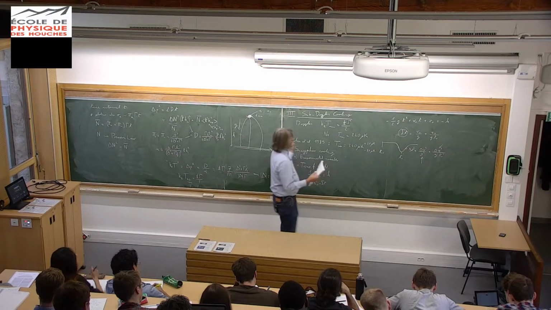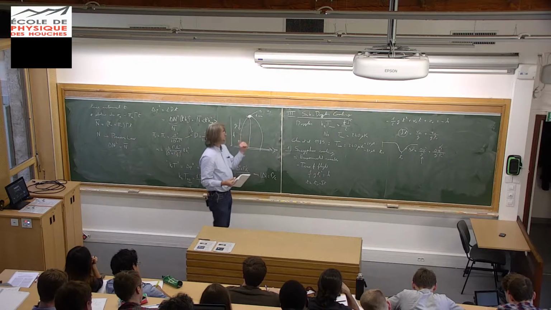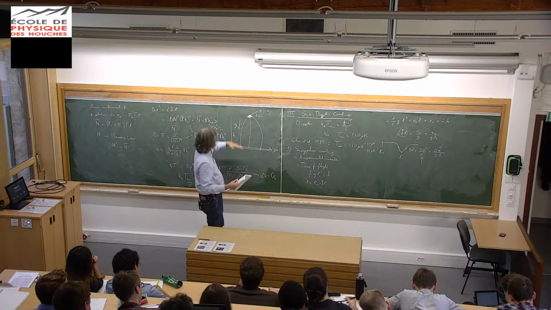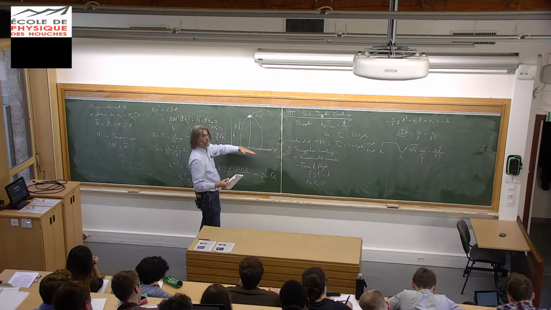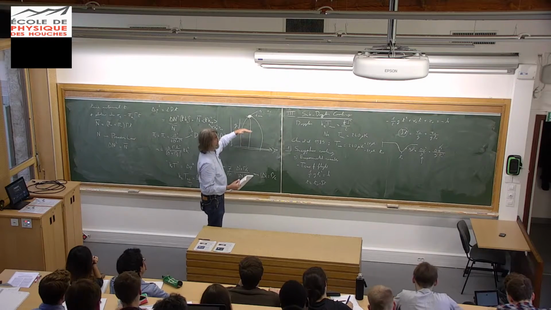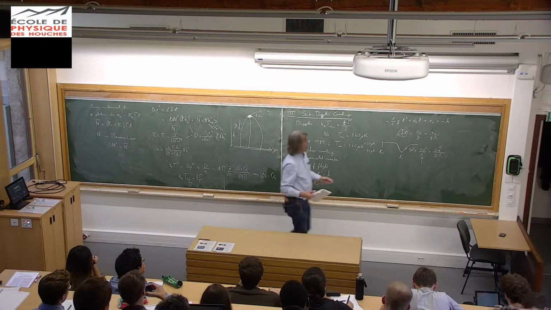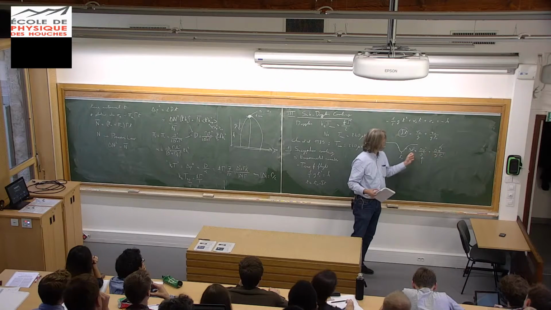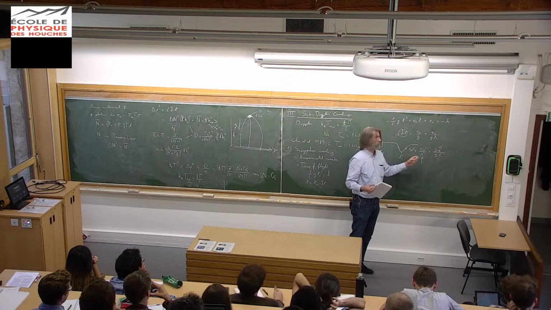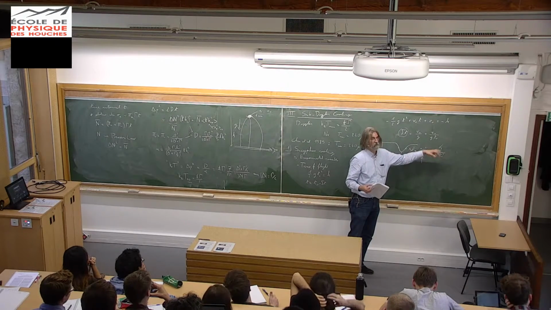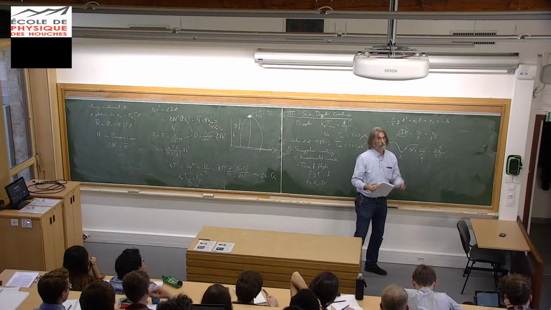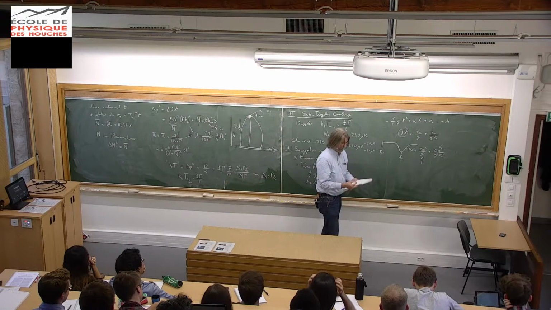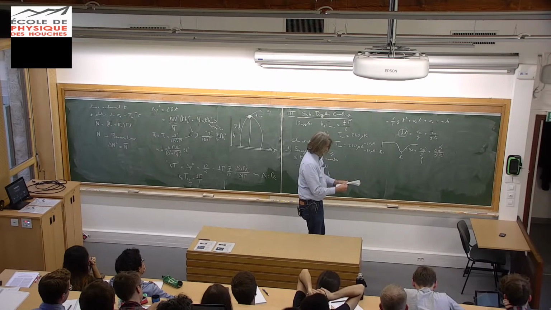And so what interests you obviously is this term here, which gives the temperature. Okay, so if you want to measure small temperature, you can also play tricks and have a double time of flight. And so if you have a double time of flight, you have two independent measurements of delta V and delta Z, and you can just kill the contribution due to the initial size of the trap.